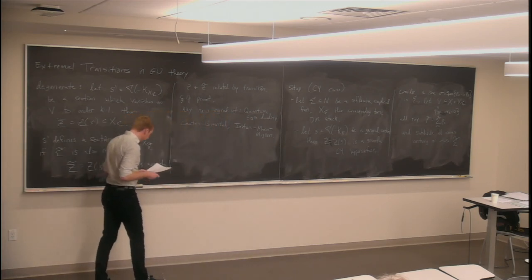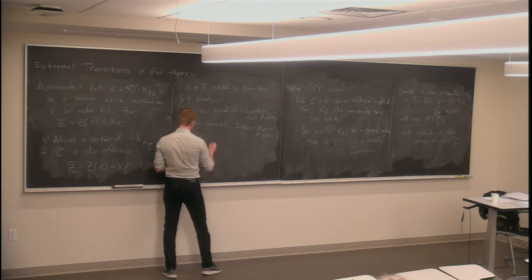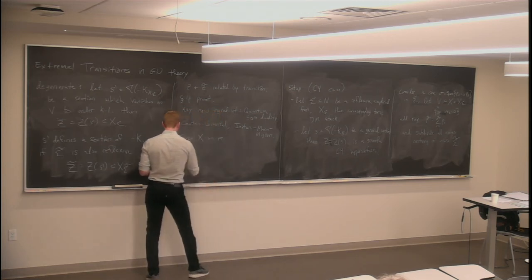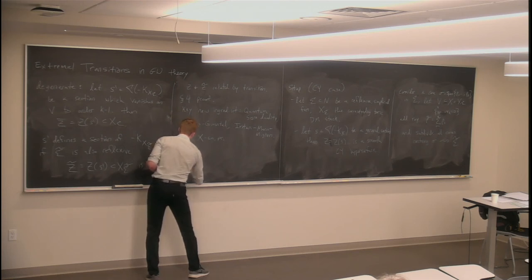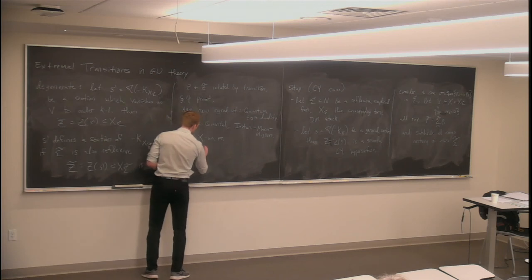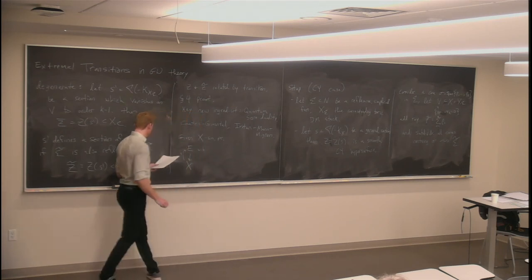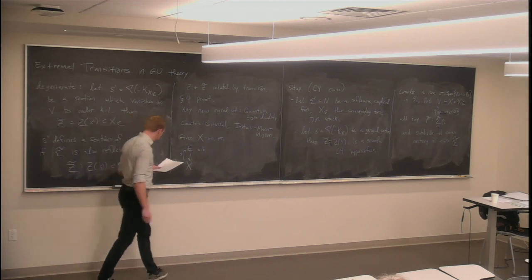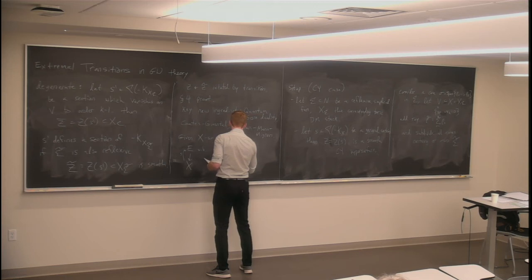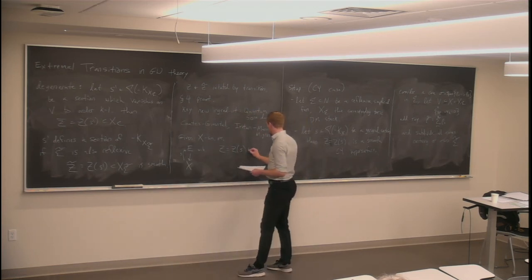And what it says is the following. Given X smooth projective, let's say I have a vector bundle E on X with a regular section, and I look at Z, a smooth hypersurface defined by the section.